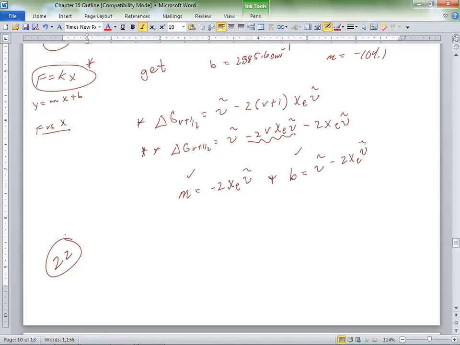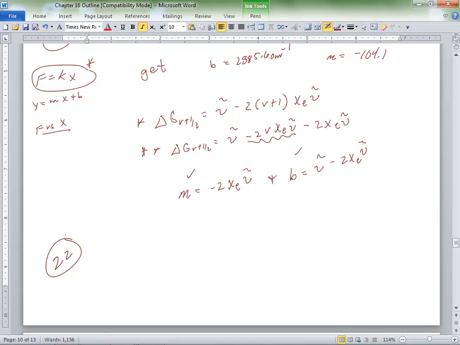So you can't plot this out. It's not the same transition the whole time. What you have to do is write out the equation for the 0 to 1 transition, for the 0 to 2 transition, for the 0 to 3 transition, and solve for what they want. In 22, they say calculate the wave number and x_e.